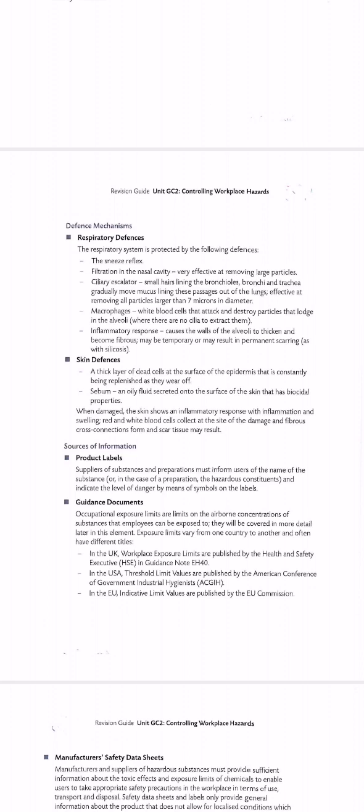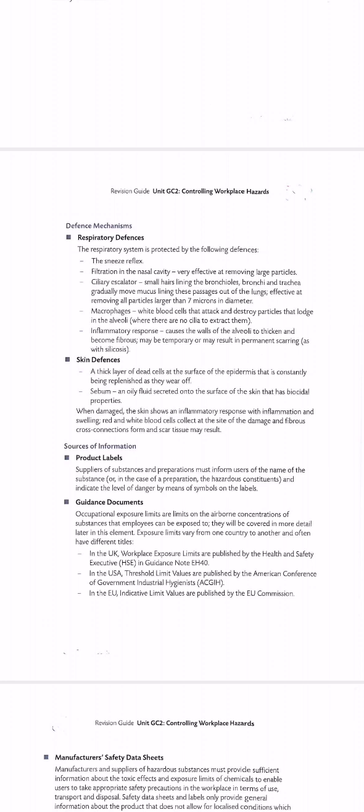So in the UK, it is published by the Health and Safety Executive. In the US, it is published by the American Conference of Governmental Industrial Hygienists. In the EU, the European Union, it is published by the European Commission. So these are sources of information. Under guidance documents is where you have the UK and America documents, right?